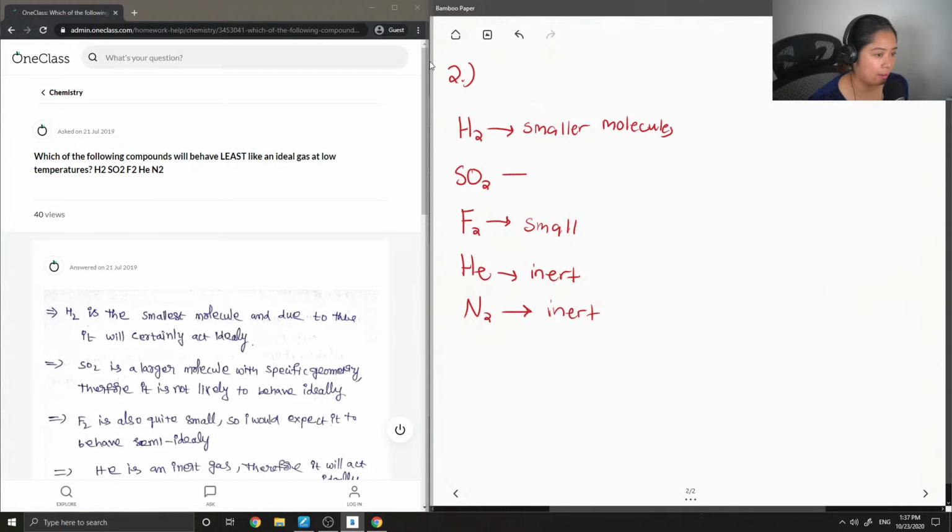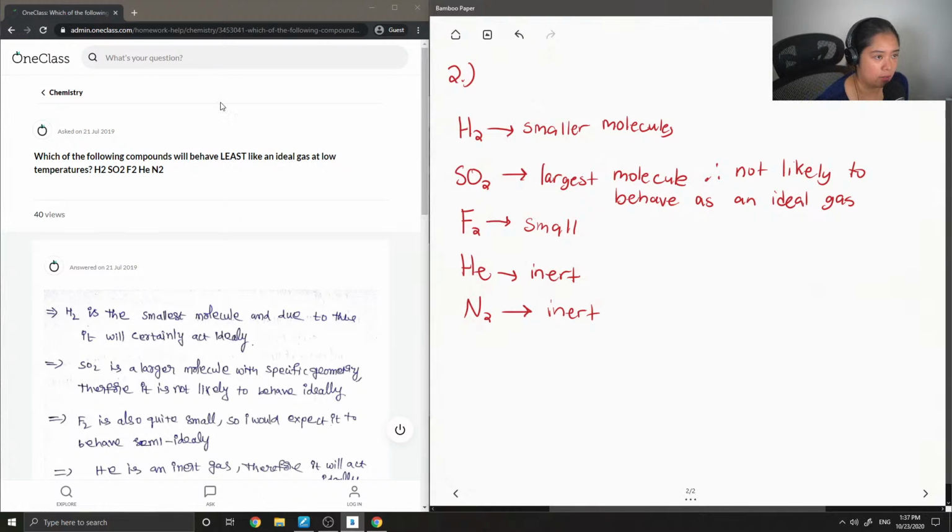Basically our SO2 compound is the only one that has two different elements in it, and it's also the largest molecule. So therefore, I would say that the SO2 is not likely to behave as an ideal gas.